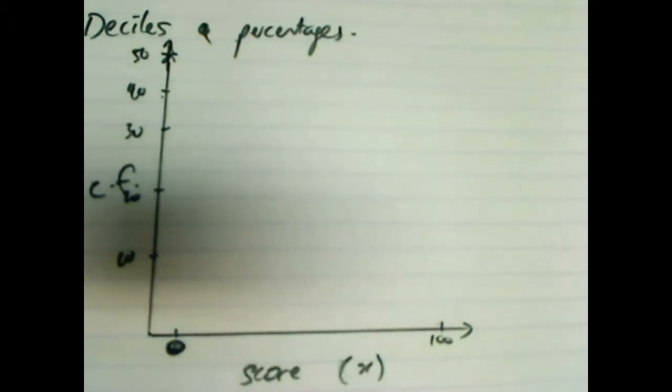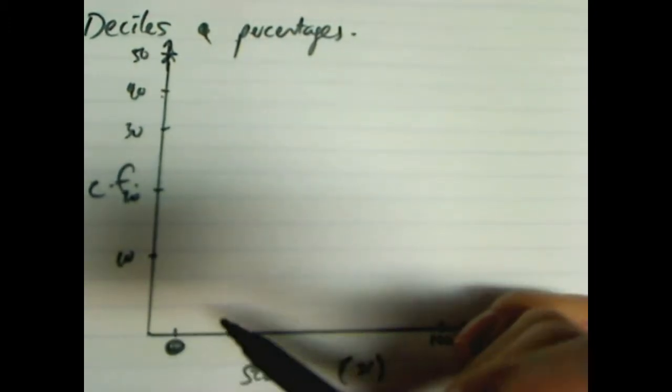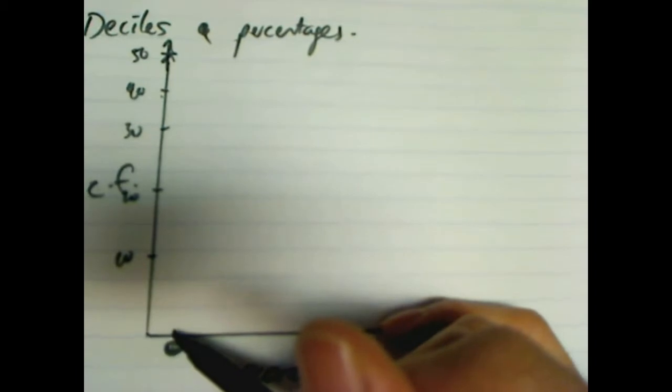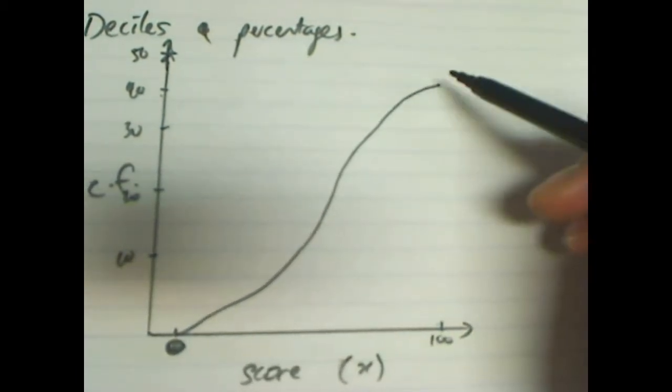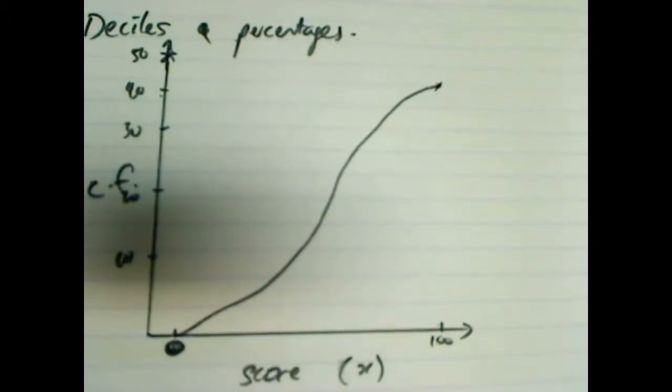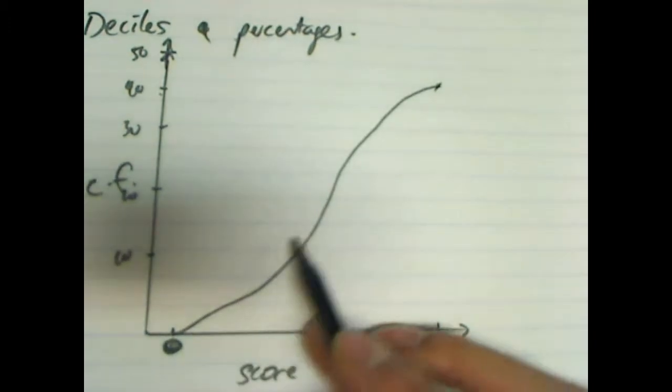Alright, so here's the marks. Now the distribution is going to be random, but it has to be some sort of upwards motion like this. That's supposed to be the ogive, okay?